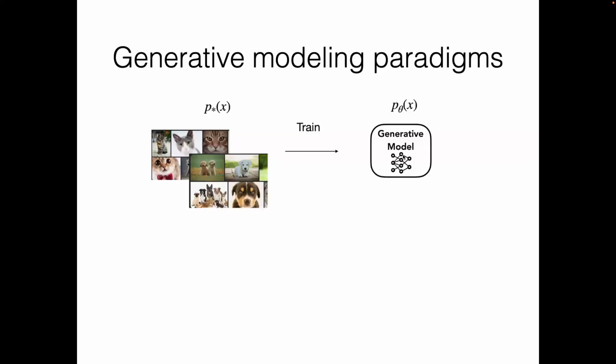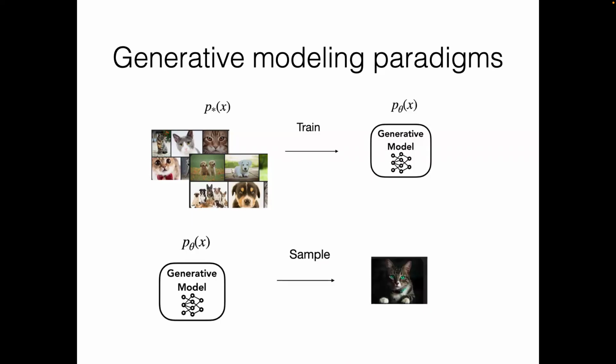Then we train some model and we get this generative model, which is modeling the distribution. Then to actually use this to produce images, we have to do some kind of inference. For example, if we're able to sample from this model, then we can produce a new image of a cat that doesn't appear in the training data.